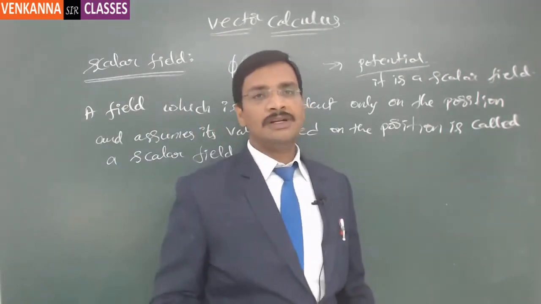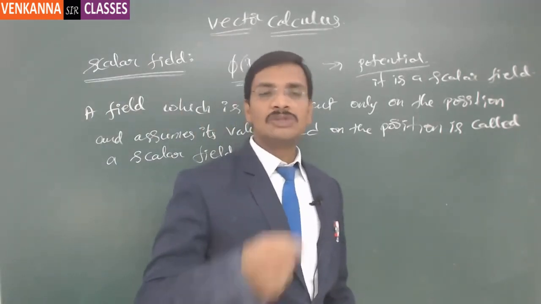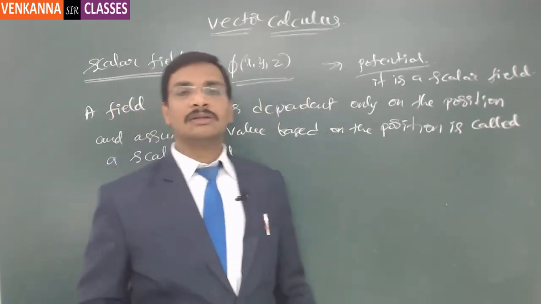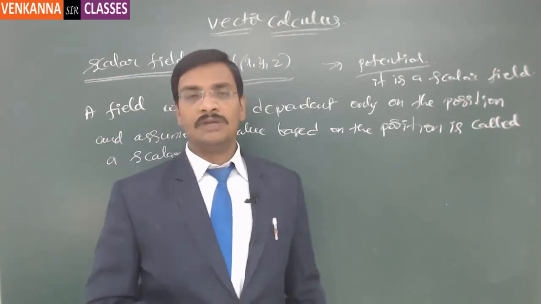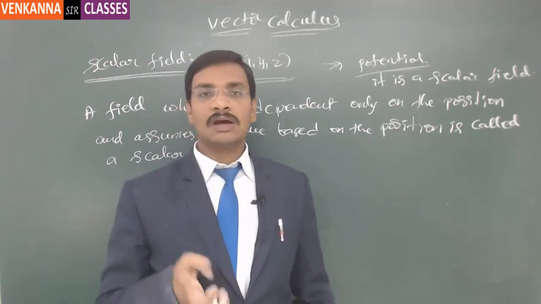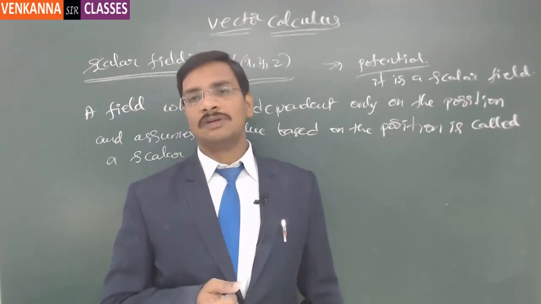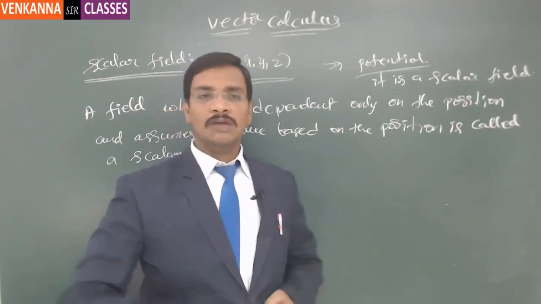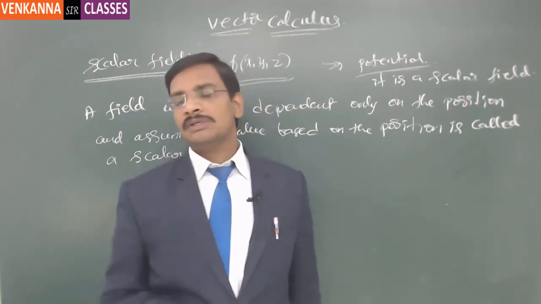Now for a vector field, for example, if I take the electric field or the fluid field, these are vector fields, not scalar fields. Gravitational field you can take as a scalar field because everywhere it is a straight line, going in a single manner.